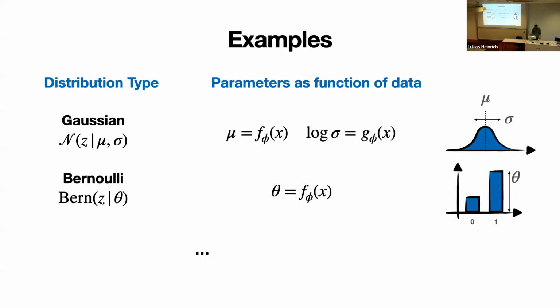And so if we do variational inference with a Gaussian as a wrapping distribution, this is what we call regression. And if we do variational inference with the Bernoulli distribution as a wrapping distribution, then this is usually called classification, because you say, okay, given the data, you get a distribution like this. You say, given the data, I know 90% is going to be class 1 and 10% is going to be class 0. So this might be cat or no cat, or face or no face, or something like this, right?